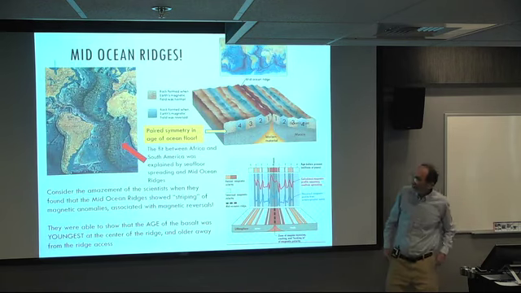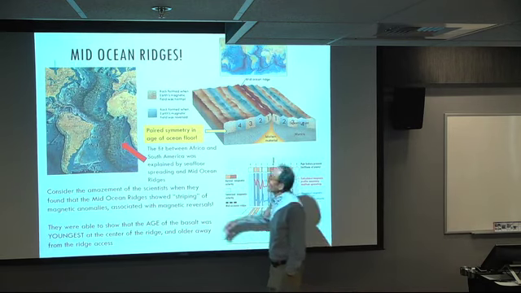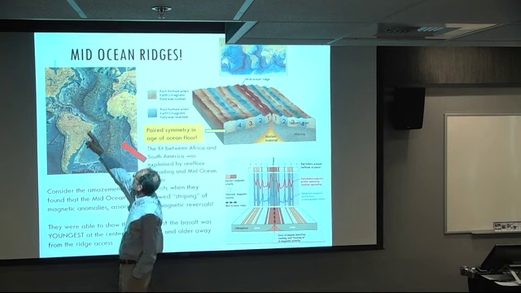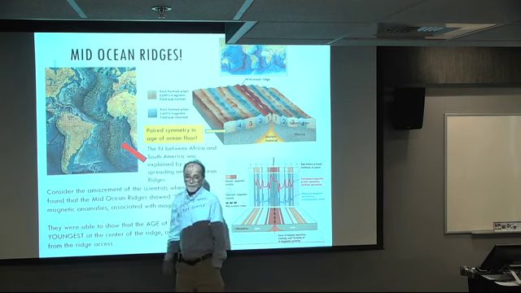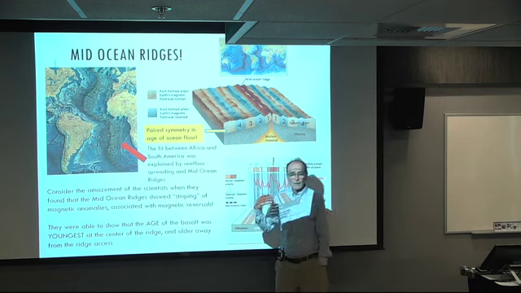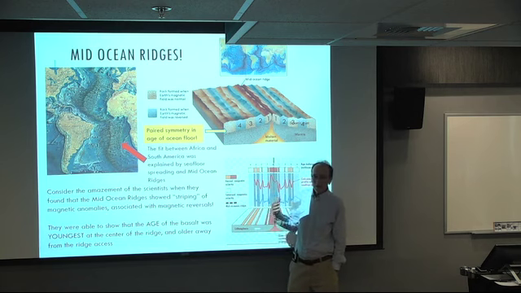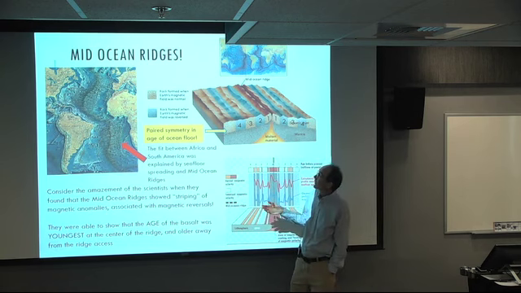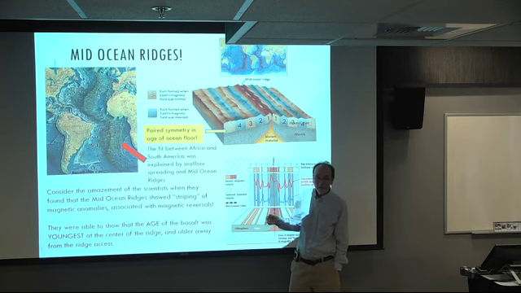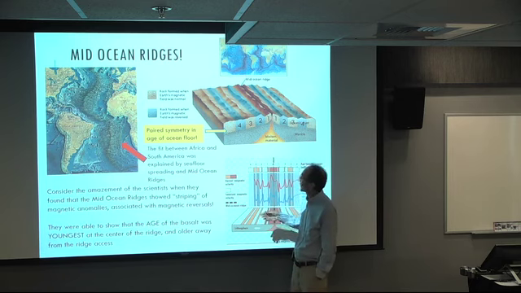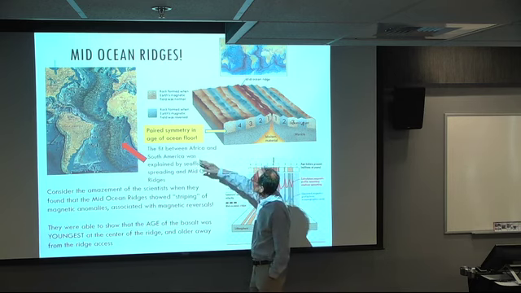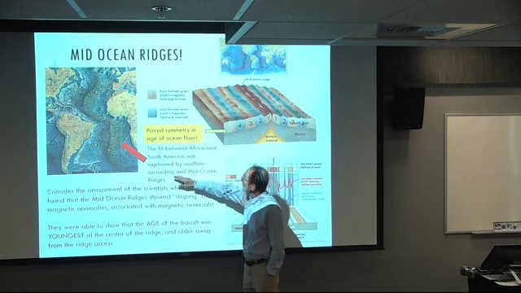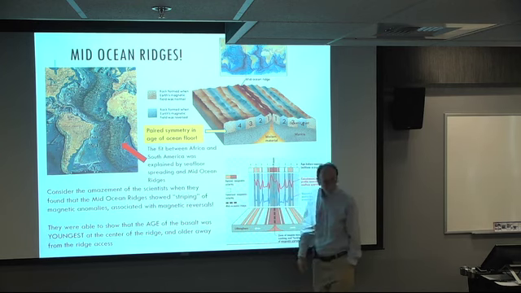All right, then we talked about the fact that South America fits into the armpit of Africa, and we talked about the concept of continental drift and how it was really solved by this concept of plate tectonics and mid-ocean ridge spreading centers. So the fit between Africa and South America was explained by seafloor spreading in mid-ocean ridges.